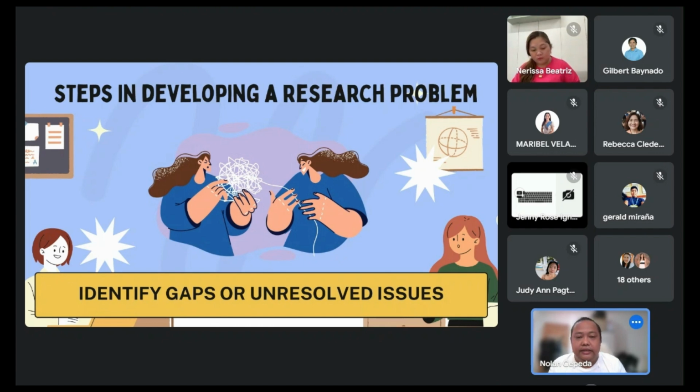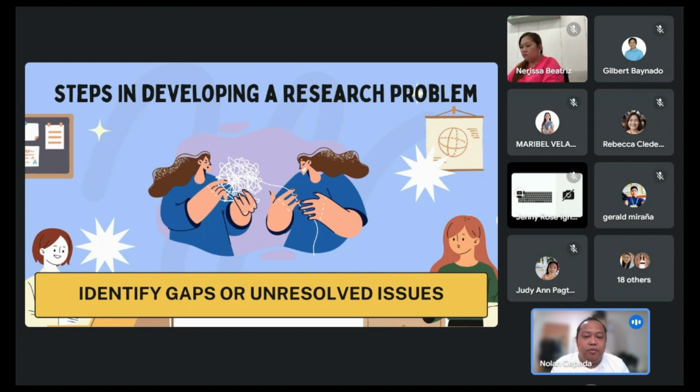In this step naman, since again the purpose of research is to identify problems, from those that we have listed, we can look for possible problems within that area.